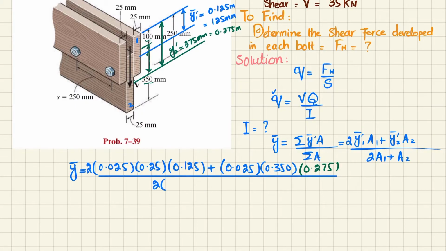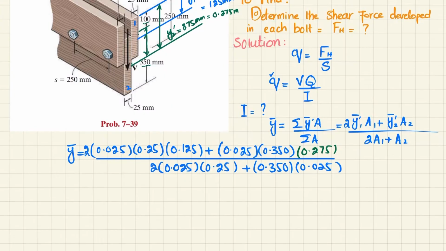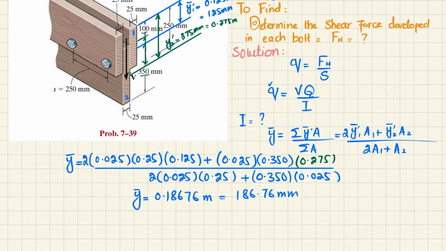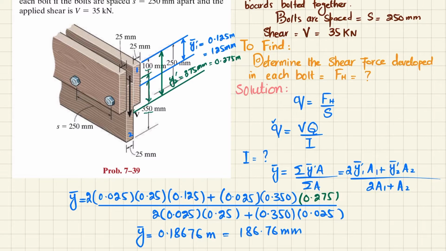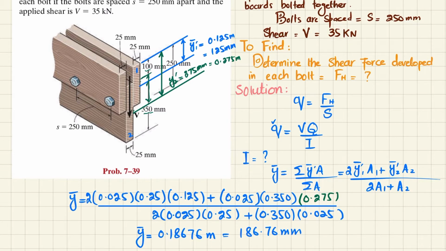So 2 times A1 was 0.025 multiplied by 0.25, plus A2, which is 0.350 into 0.025. When you calculate it, you will get y bar equal to 0.18676 meter, or 186.76 millimeter. That is the distance from the top till the neutral axis. So this is your top, and it will lie somewhere.